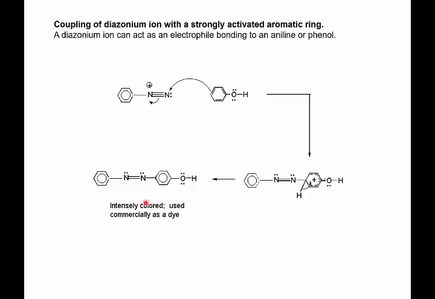It is basically an intensely colored compound, and it's used as a dye. It's a commercial dye, and the textile industry has known about this type of dye for many years, and you can get different colors by attaching different substituents on either this ring or that ring. Why is it intensely colored?